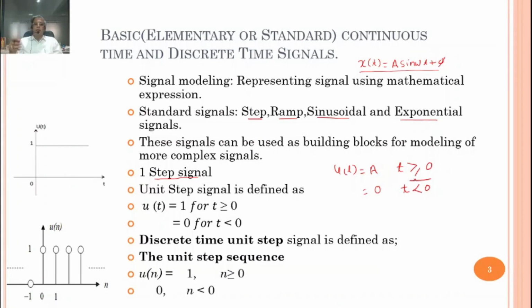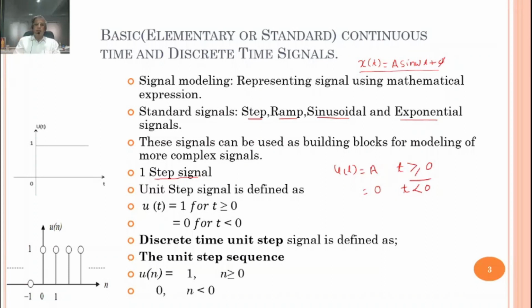An example of the step signal is when we turn the ignition key of a car, we are actually introducing a step voltage to start the motor. The second example is when we apply the brake to an automobile. We are applying a constant force, and that constant force is nothing but a step signal.